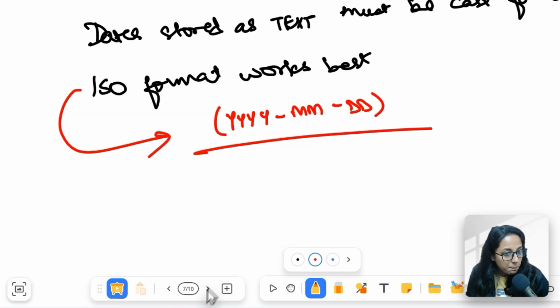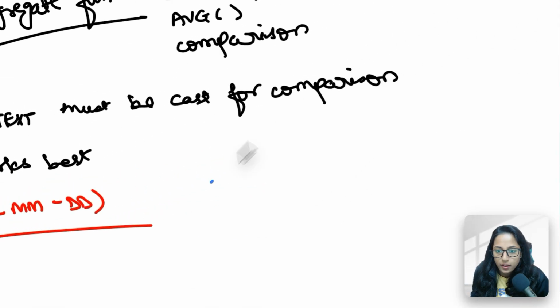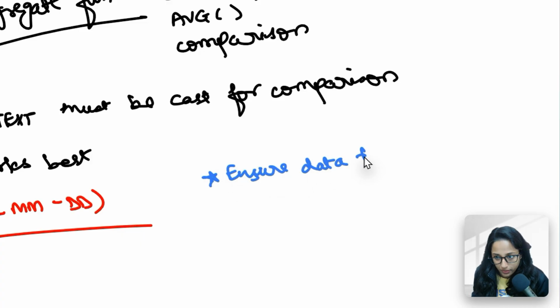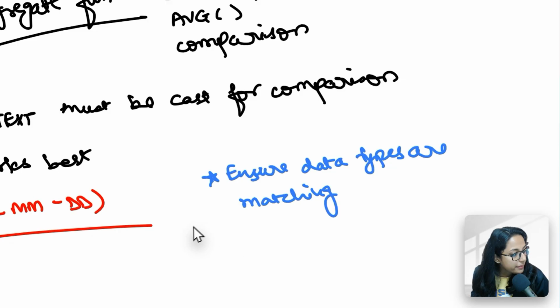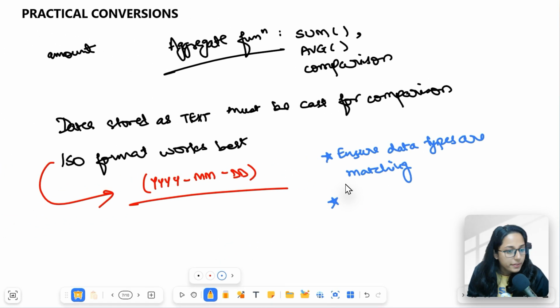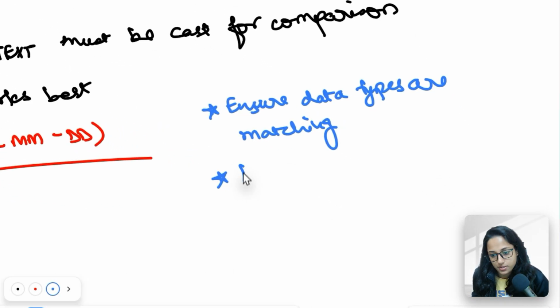The main fundamental thing we need to make sure of is, one, ensure data types are matching. And the other is that we need to prevent silent mismatches.